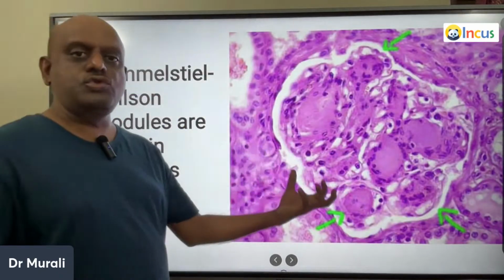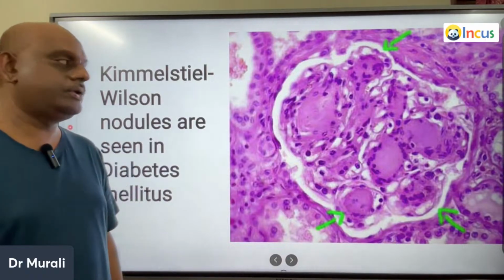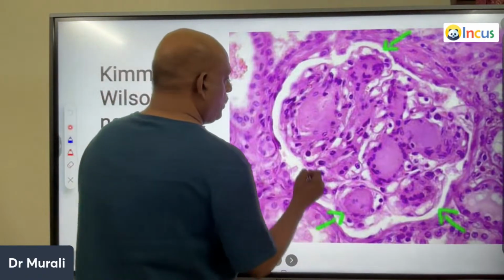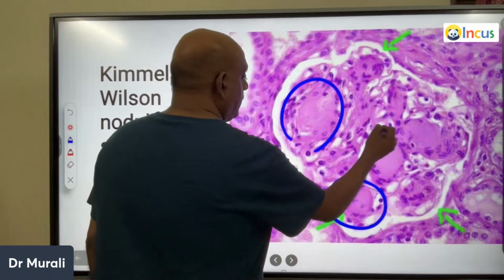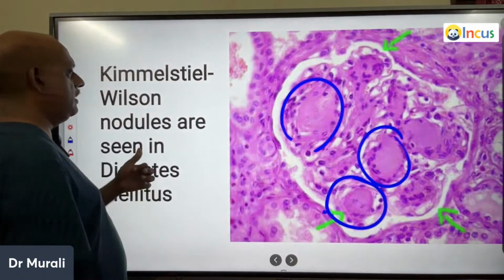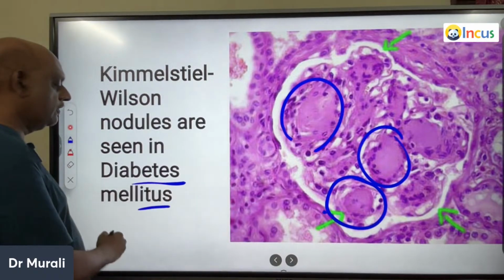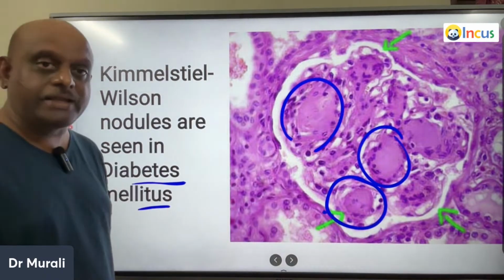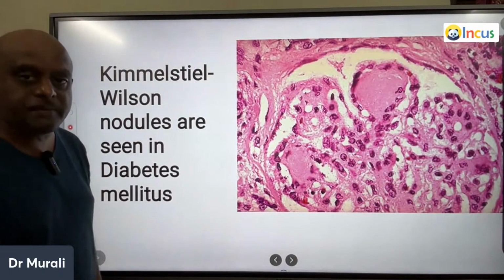Now, what are these nodular lesions when you do the renal biopsy? When you do the renal biopsy, these nodular lesions which you are able to see are called Kimmelstiel-Wilson nodules, which are a feature of diabetes mellitus, is what you should remember. This is another example.